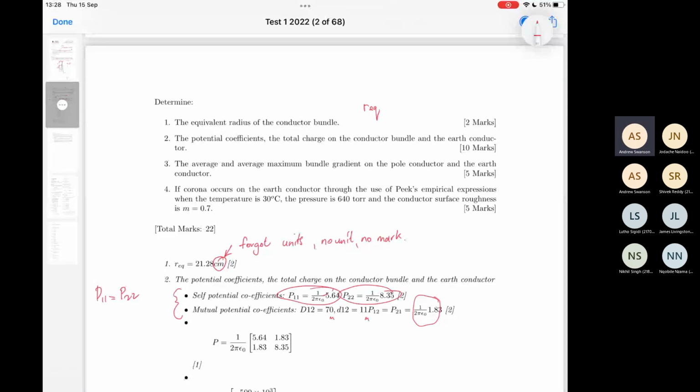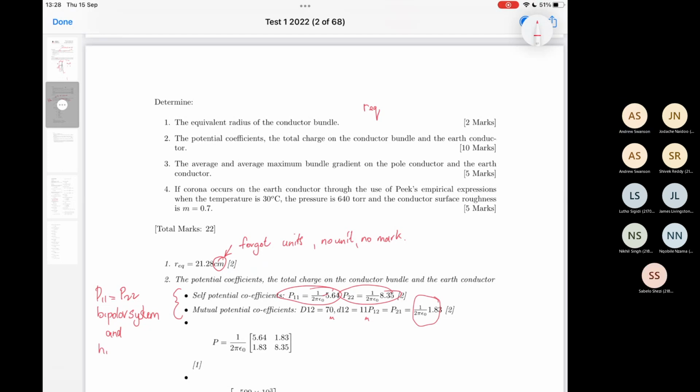That would be the case if it was a bipolar system, where your heights are equal and your conductors are equal, etc. So that only works if all the geometric parameters are the same.